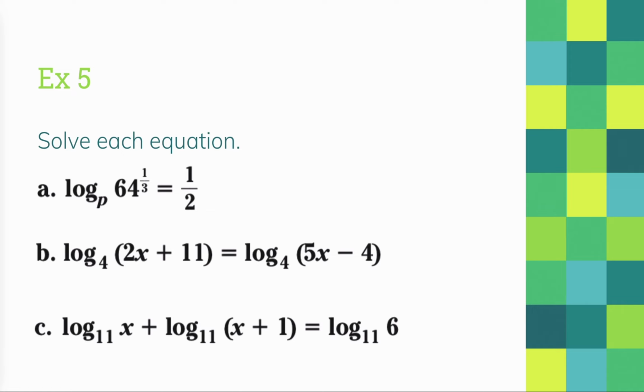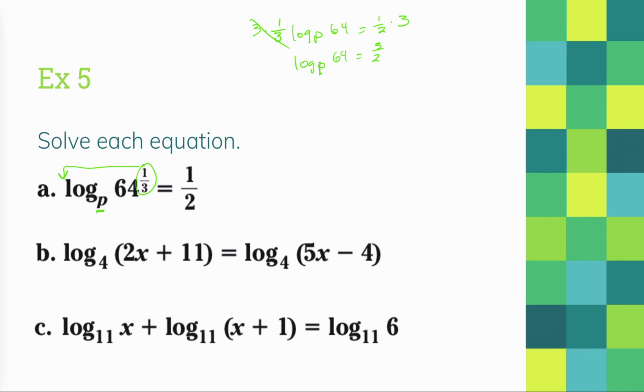So, solve each equation. Want to solve this for p. First of all, I'm going to take this 1/3 out and make this 1/3 log p of 64 equals 1/2. And go ahead and get rid of that by multiplying that by 3. So we get log base p of 64 equals 3/2. Now we can switch this to exponent form.